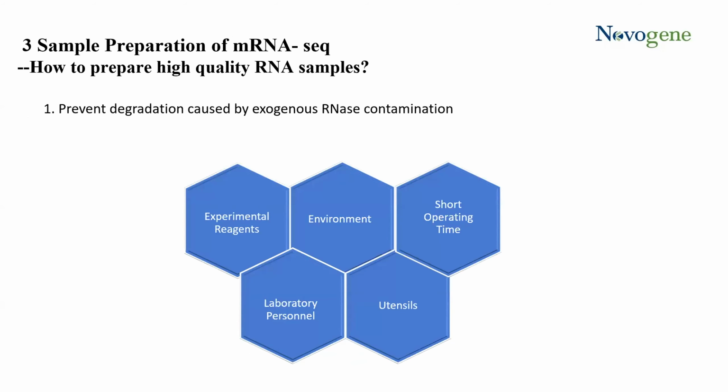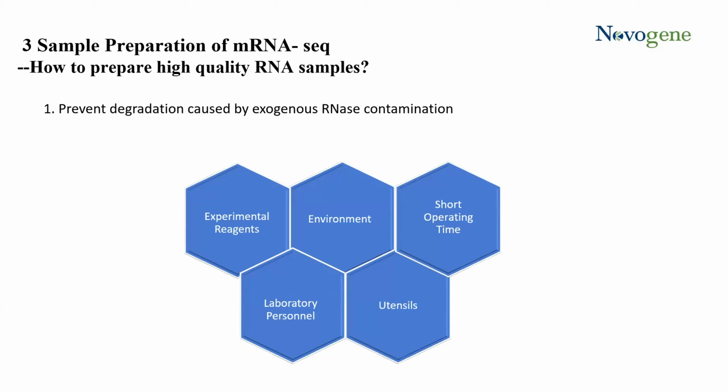Now, how can we keep good quality RNA? Rule of thumb 1 is to prevent degradation caused by exogenous RNase contamination. To isolate intact high-quality RNA, it is essential that RNases are not introduced into the RNA preparation.